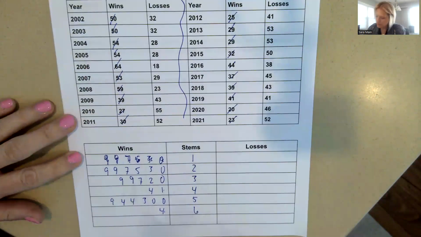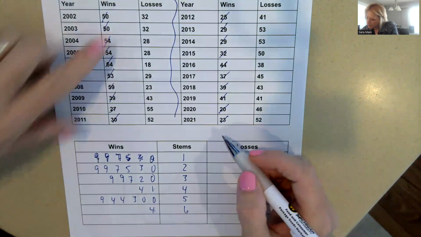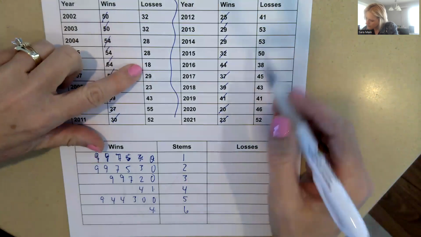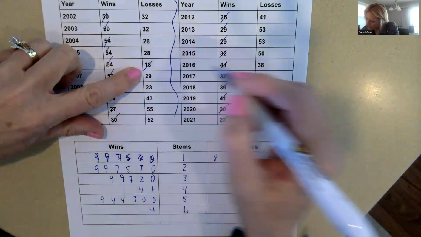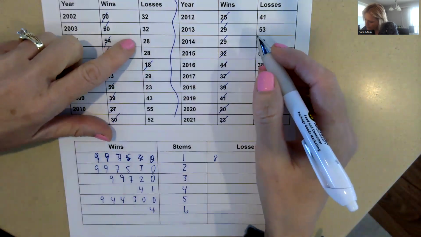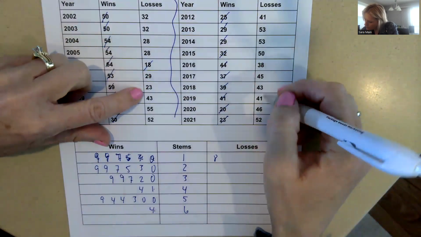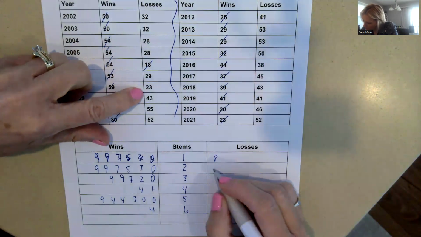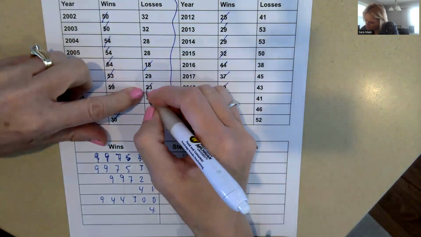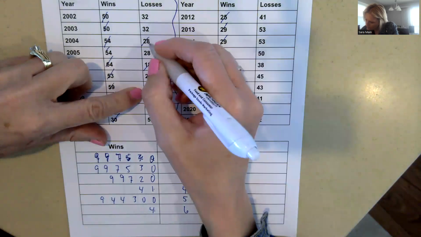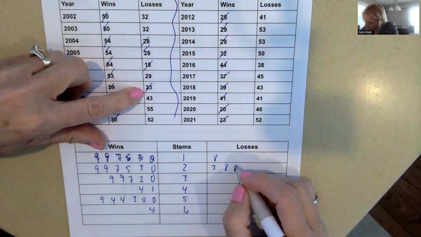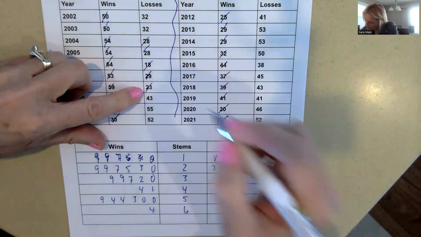Okay, and now likewise, we're going to do the same on the losses. So the losses is where we had some in the teens, this 18. And then in the 20s, our lowest 20 was a 23. And then we had a couple of 28s and 29.